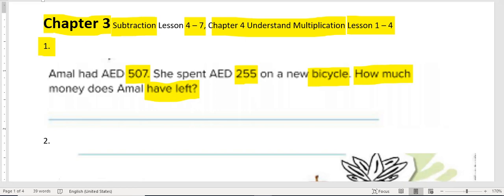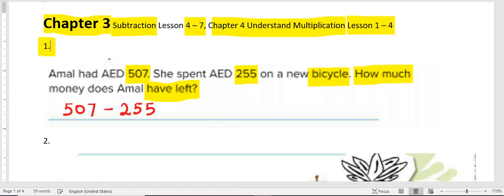Hammer has money. The total money she has is 507. From this money, she bought a new bicycle that cost her 255. So if she made the payment and paid the 255 to the seller of the bicycle, then how much is she gonna have left?